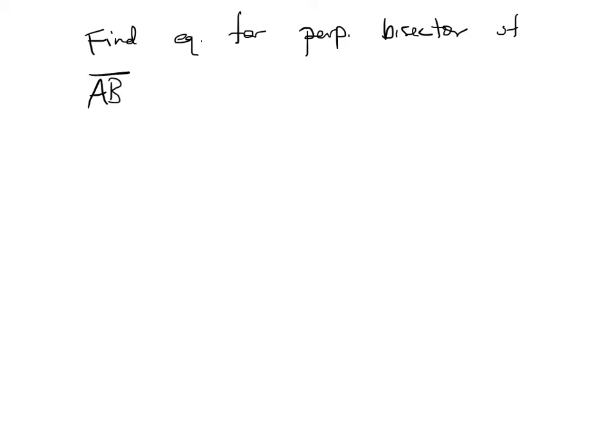What if we were asked to find the equation for the perpendicular bisector of a line segment AB, where A is the point (-1, 7) and B is the point (5, -2), whatever.